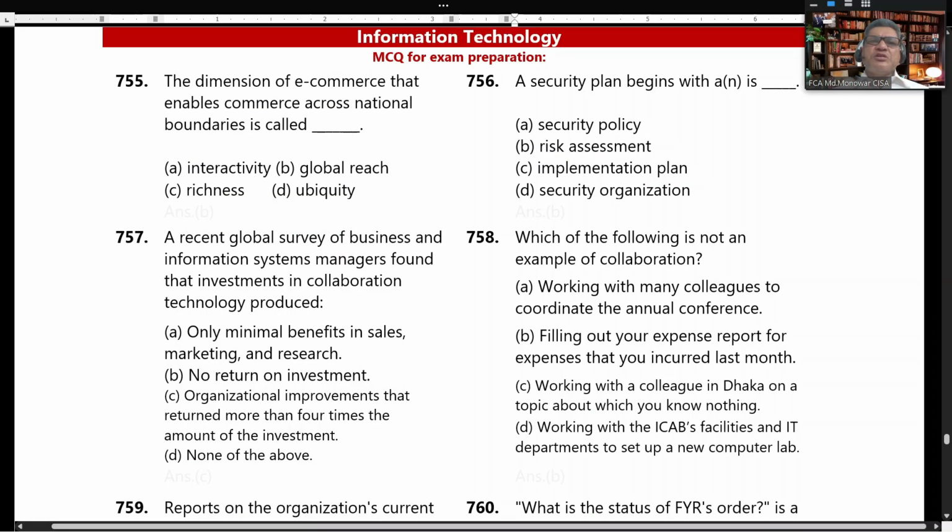The dimension of e-commerce that enables commerce across national boundaries is called global reach.